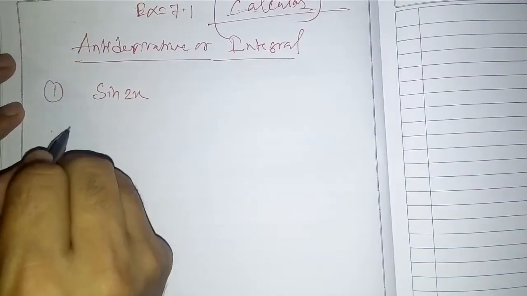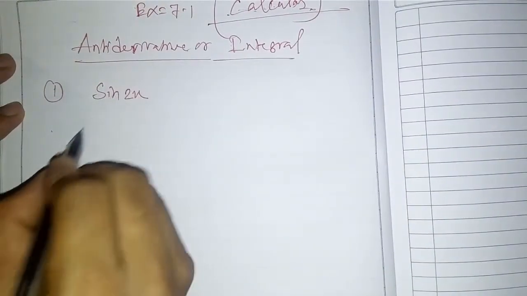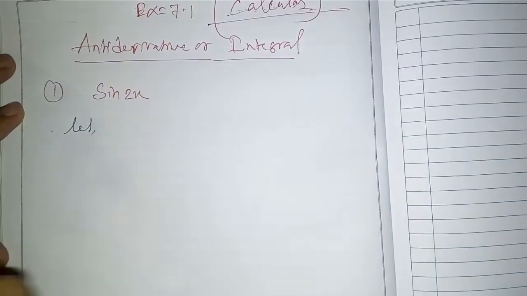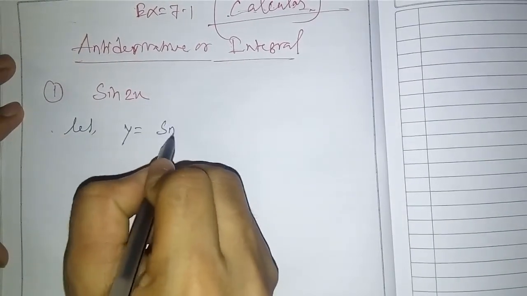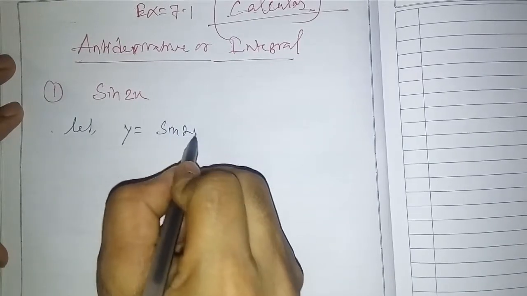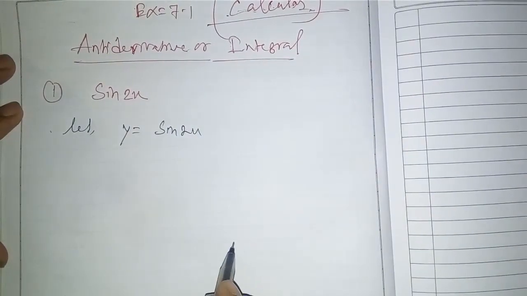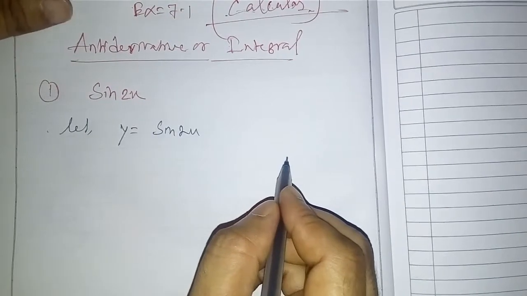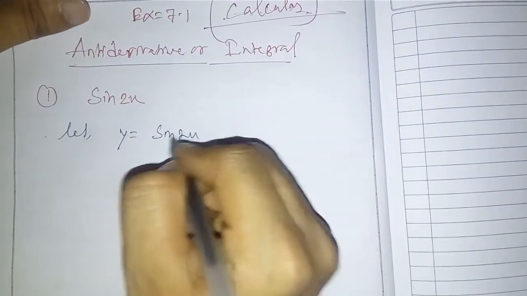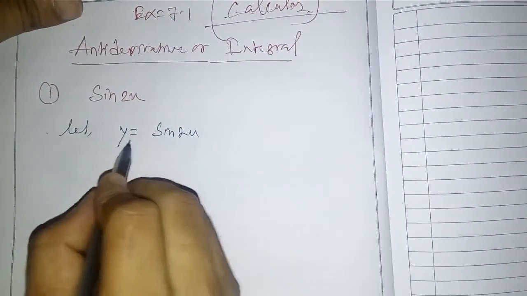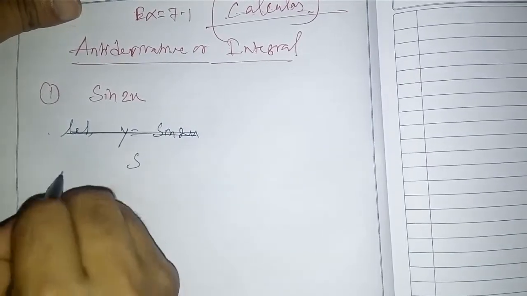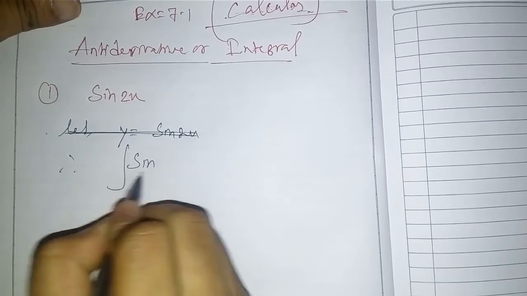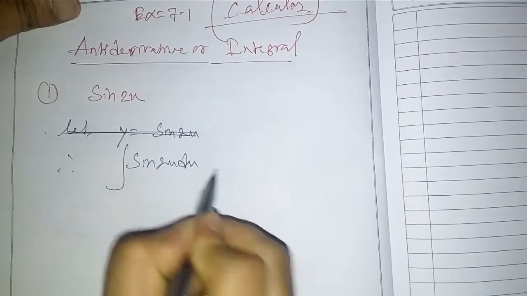So how to do it? Let y equal to sine 2x, or you can write it directly as the integration of sine 2x dx.